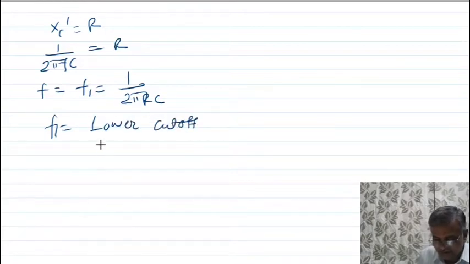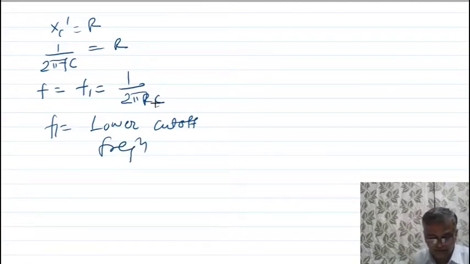In this way, this coupling capacitor C that you have connected at the input decides your frequency response, means it decides your lower cutoff frequency. It blocks the noise or DC level, but it decides this.